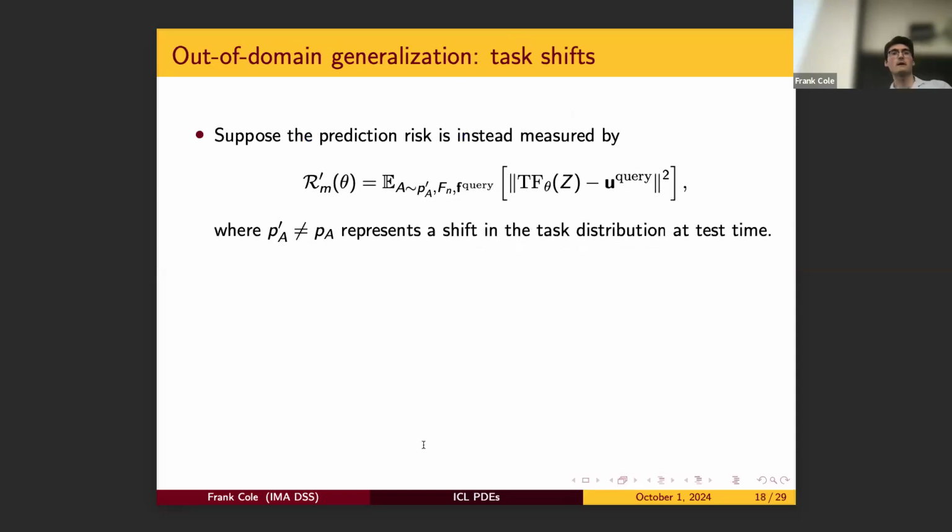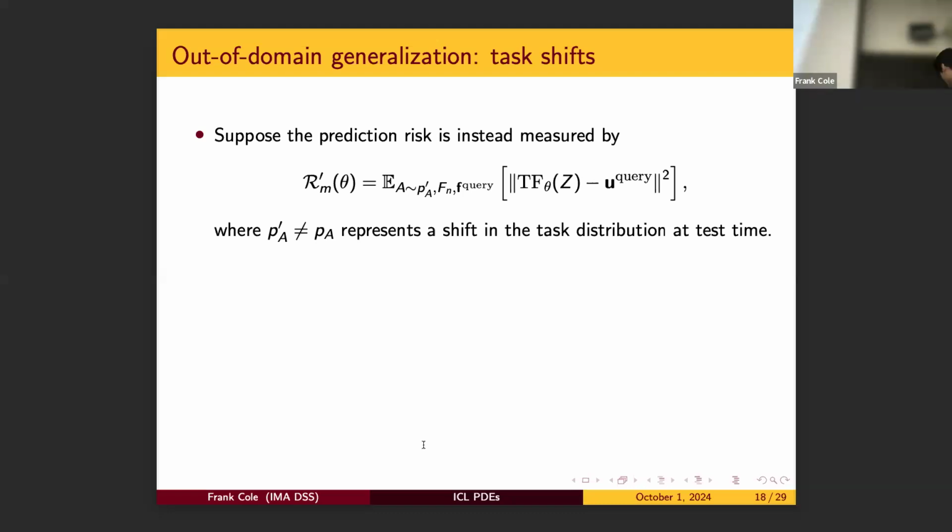Okay, so I'm going to talk about out-of-domain generalization. This is where I change the metric that we're using for prediction. The way I change it is I take the expectation over a distribution on the matrices A that's different from the distribution during training.